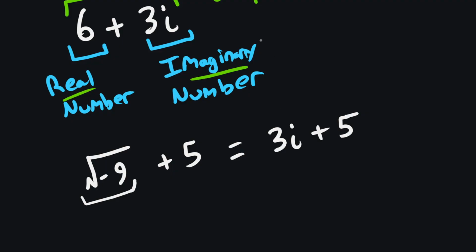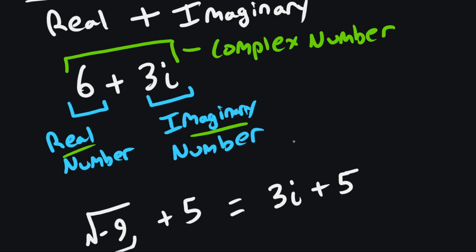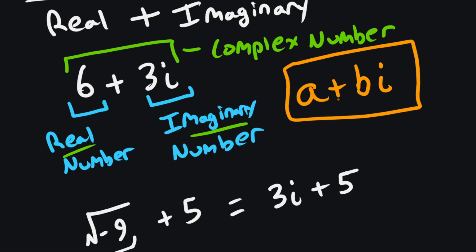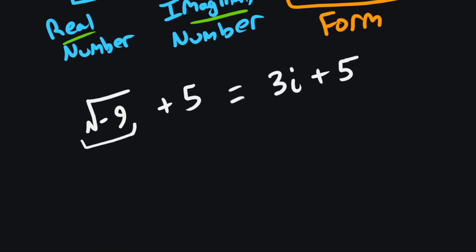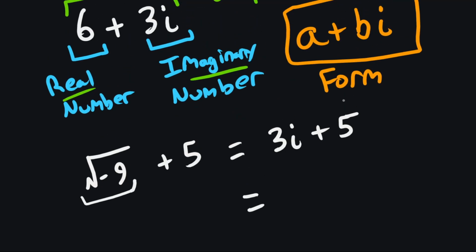With any complex number, we always like to have it in a plus bi form. So let's put this complex number we came up with in a plus bi form. What is a? a is the real part, and bi is the imaginary part.